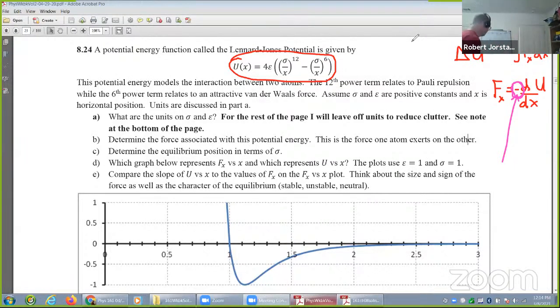Let me write it down. We got u of x is equal to some, oh, and I better write the problem number, 8.24.